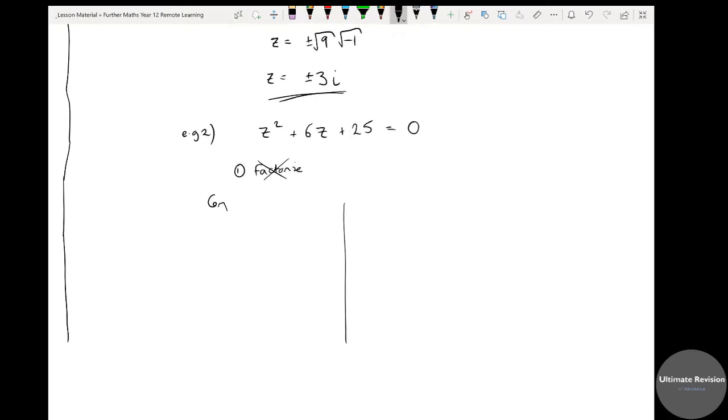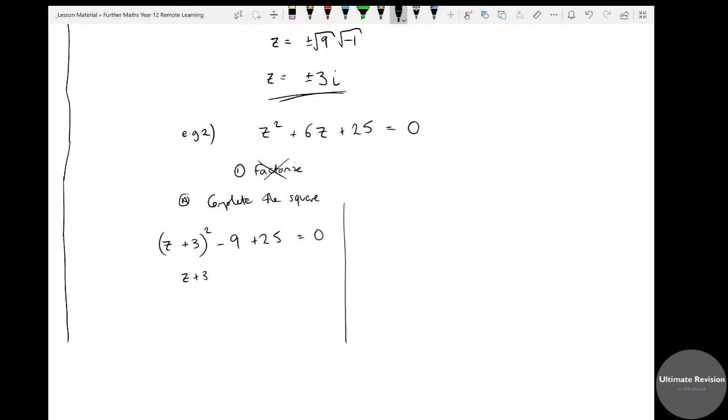You could complete the square, which is a personal favourite of mine. Really nice way of doing it. So option 1, complete the square. To do that, you just z plus 3 squared. I'm going to have to minus 9 and then plus the 25 equals 0.